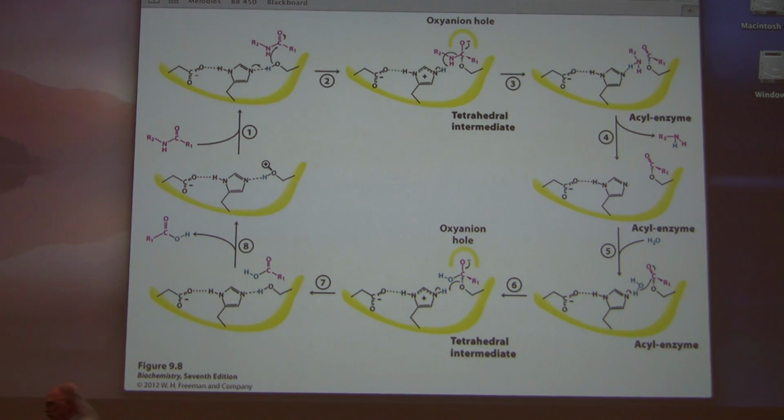Now, this transient intermediate is very unstable. And unstable things in the belly of an enzyme are not good, because unstable things lead to unpredictable chemical reactions that might result in inhibition, suicide inhibition of the enzyme. To prevent this unstable intermediate from reacting with the enzyme, there is a structure within the active site.